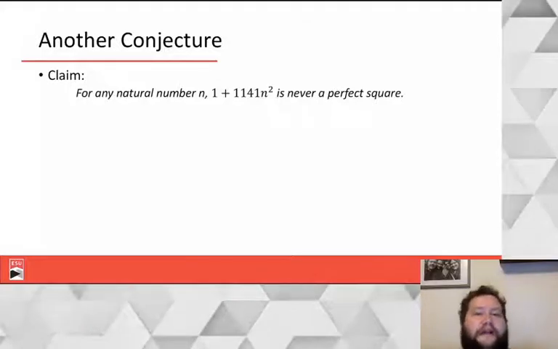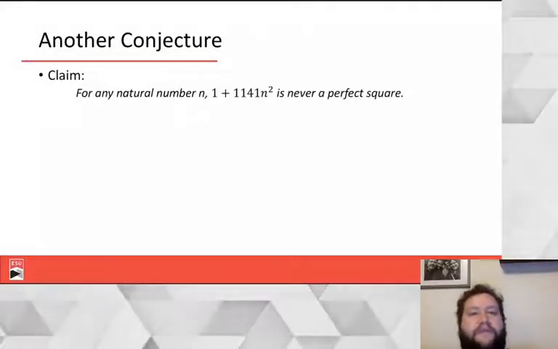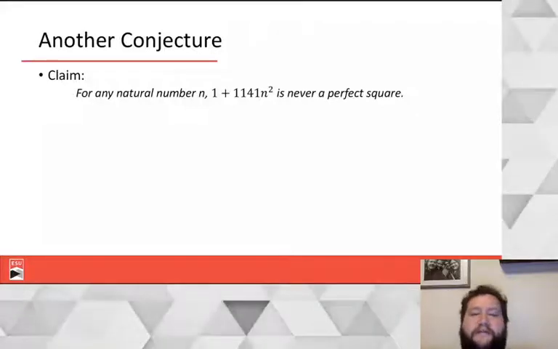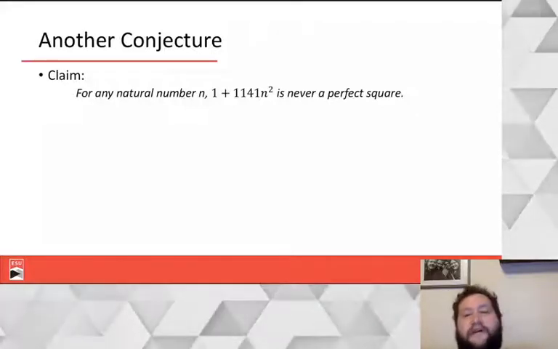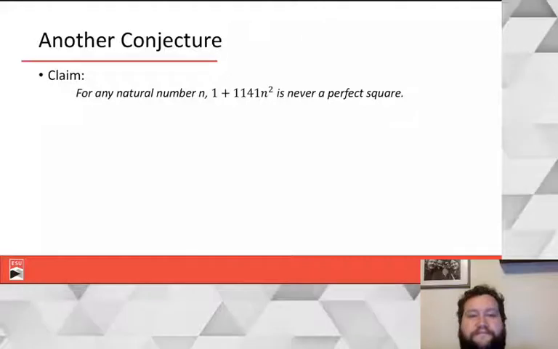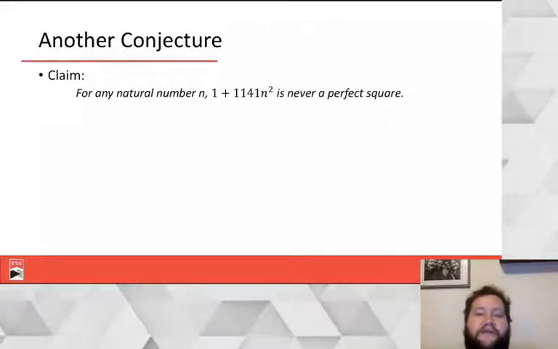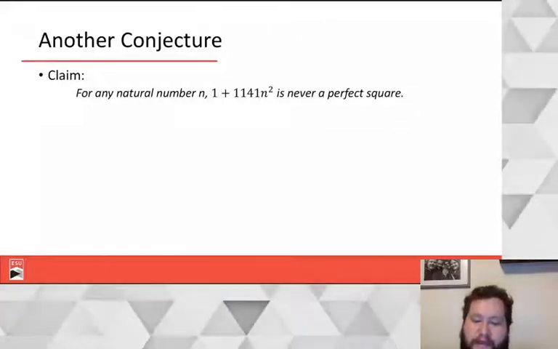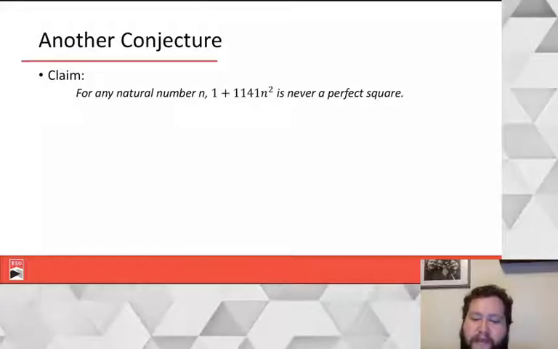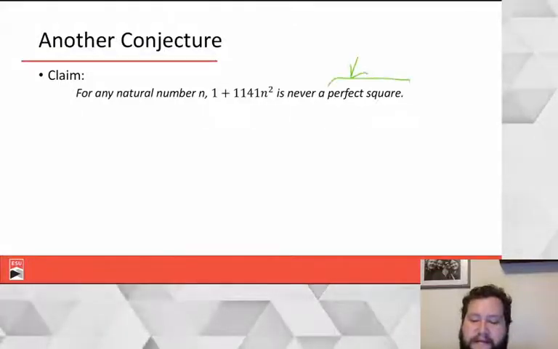Now I have another claim. For any natural number n, 1 plus 1,141 times n squared is never a perfect square. Well, if I put n equals 1, I get... and now perfect square just means that it's some number squared.